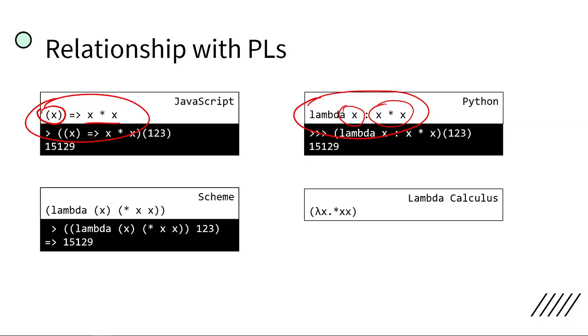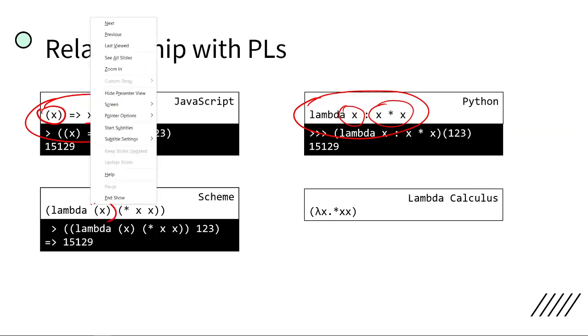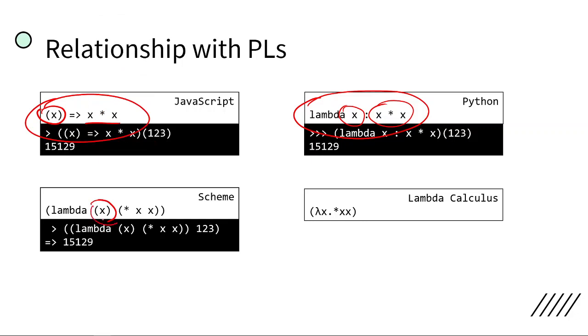Same with the Scheme programming language. It takes x as an input and you multiply x by itself. So if we write it into lambda calculus, this is the form. Okay? So this is the head, then a period, then the body of your expression.